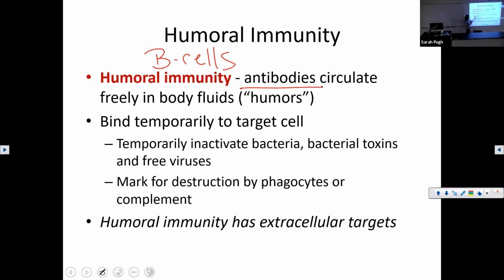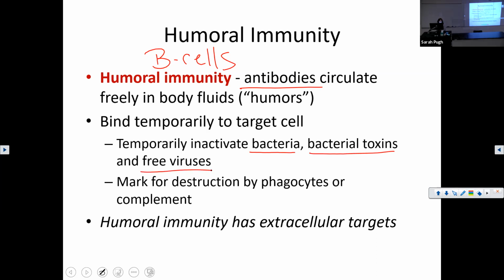And the job of an antibody is that it is going to temporarily bind to something that doesn't belong. So it'll bind to and inactivate any free-floating bacteria, any free-floating bacterial toxins, or any free-floating viruses.